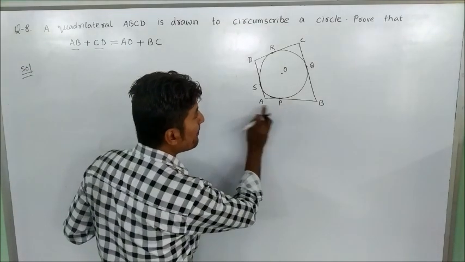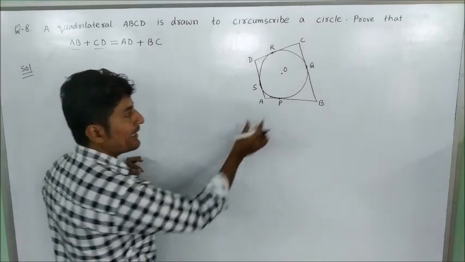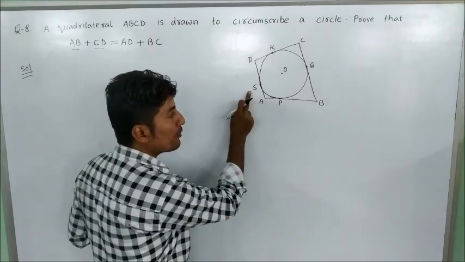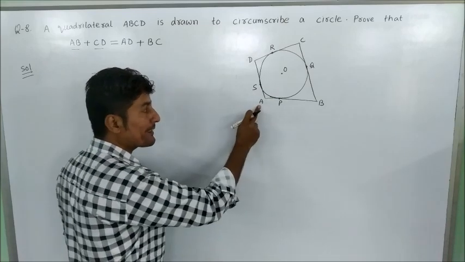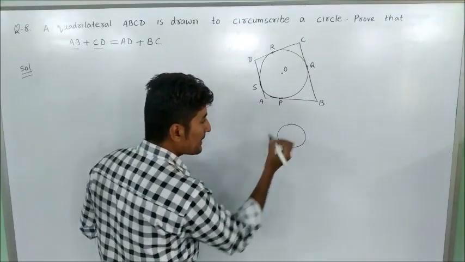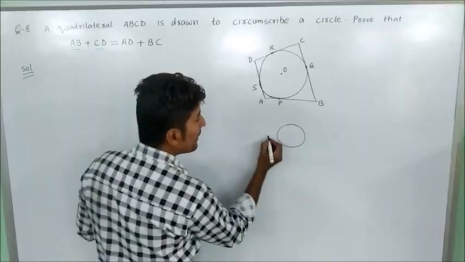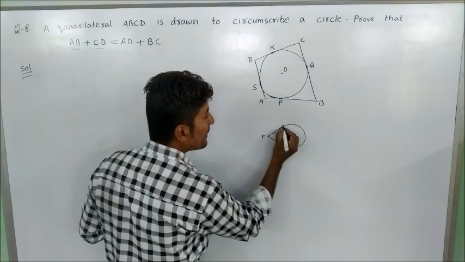The lengths of AP and AS both will be equal, because these two are the lengths of tangents drawn from the same external point A. I have already explained the theorem: the lengths of tangents drawn from the same external point are equal.